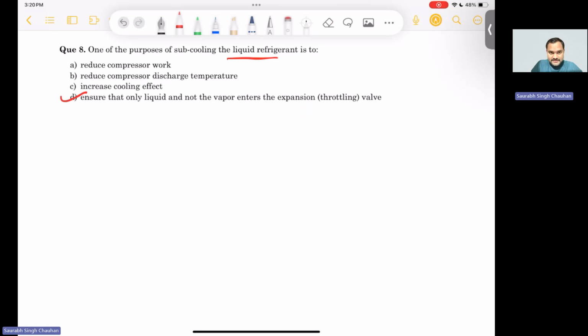Because if there is vapor as well, then there will be formation of bubbles or cavitation, and that can block your expansion device. Okay, so we don't want cavitation. So that's why we want to make sure that only liquid goes inside the expansion valve, not the vapor. Okay, so part D is the correct option.